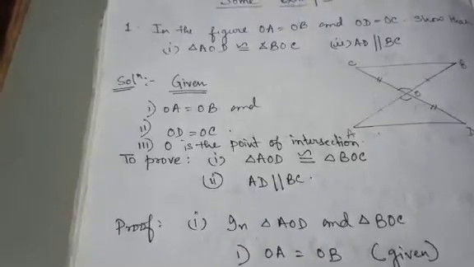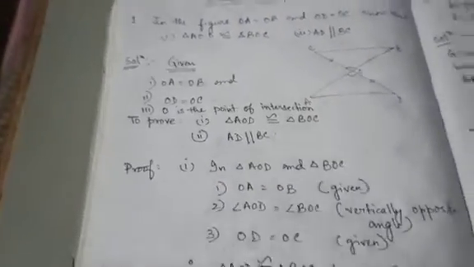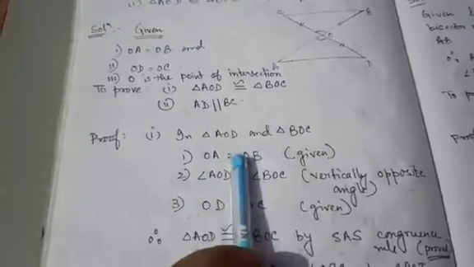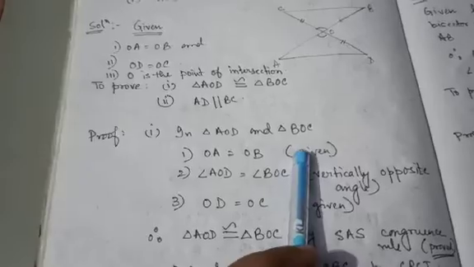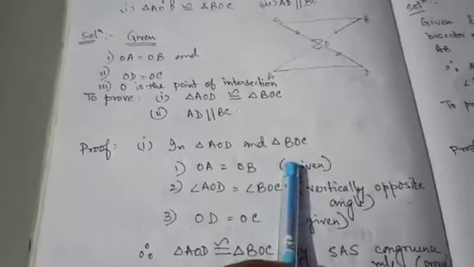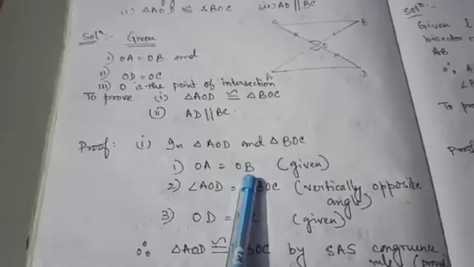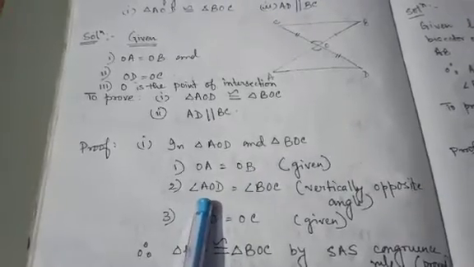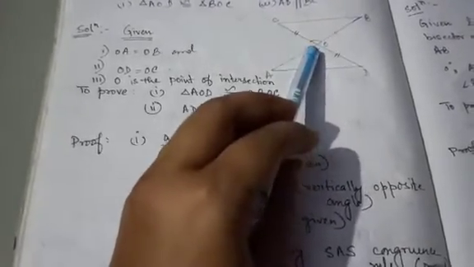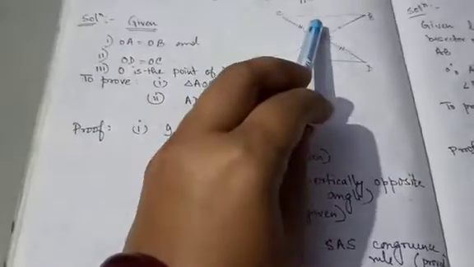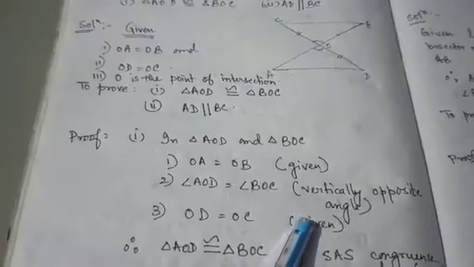Now our proof starts. Here we are considering the two triangles, triangle AOD and triangle BOC. In these two triangles, AO is equal to OB, that is given. Angle AOD, that means this angle, and angle BOC, that means this upper angle, are vertically opposite.